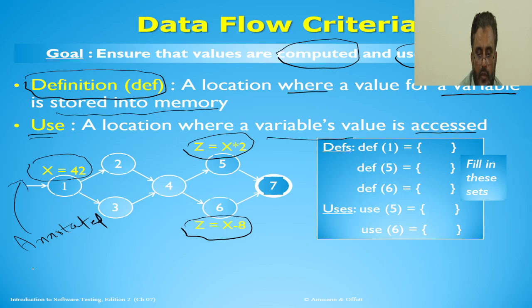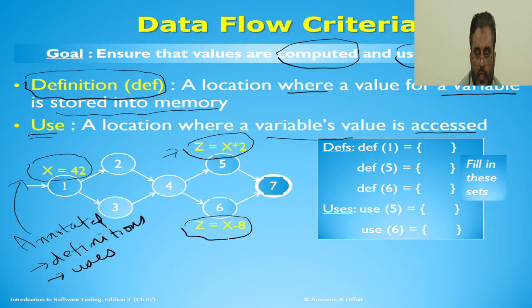Annotated with what? With definitions and uses of data. On node 1 we have defined the variable x to have value 42, and at node 5 variable x is being used, and variable z is getting the value of x times 2.